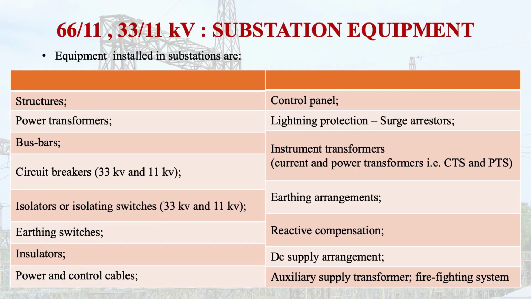The main equipment installed in a 66/11 kV or 33/11 kV substation are: structure, power transformer, bus bars, circuit breakers, isolators or isolating switches, earthing switches, insulators, power and control cables, control panels, lightning protection and surge arresters, instrument transformers (current and voltage transformers), earthing arrangements, reactive compensation, DC supply arrangement, auxiliary supply transformers and firefighting system.